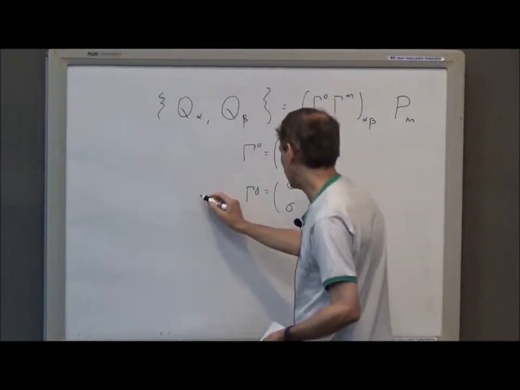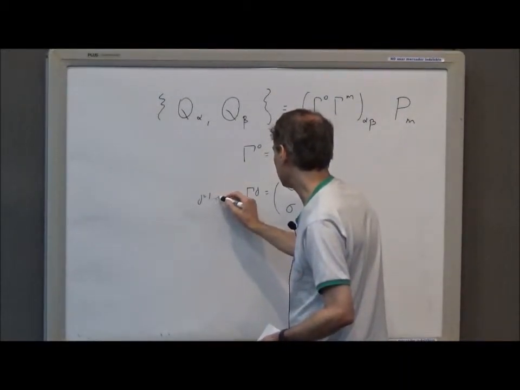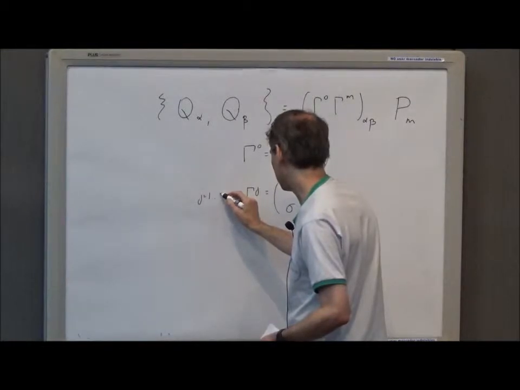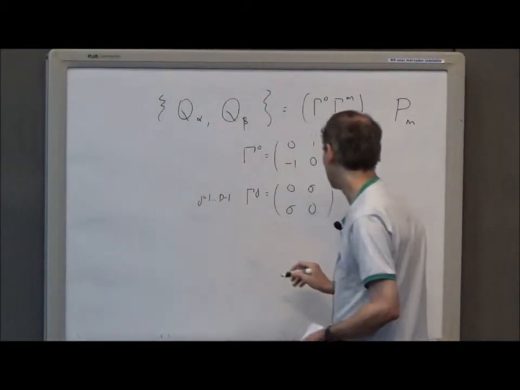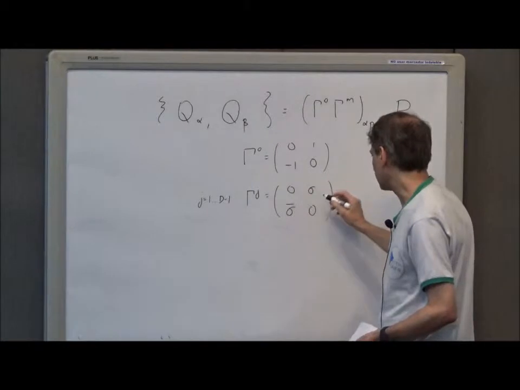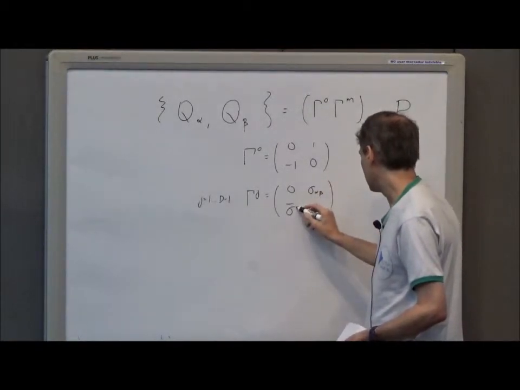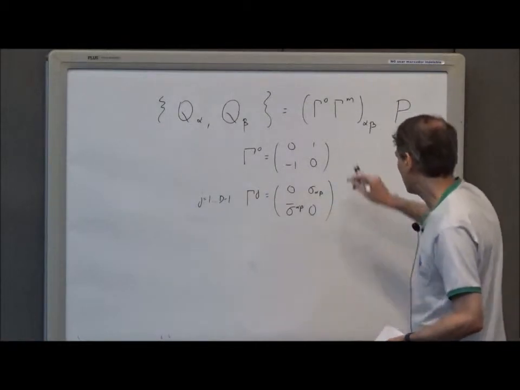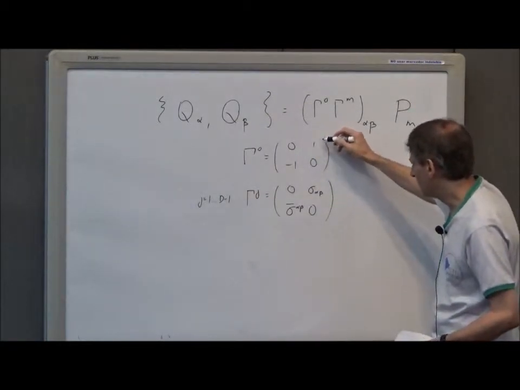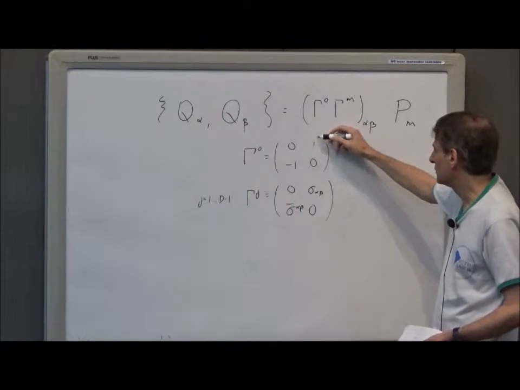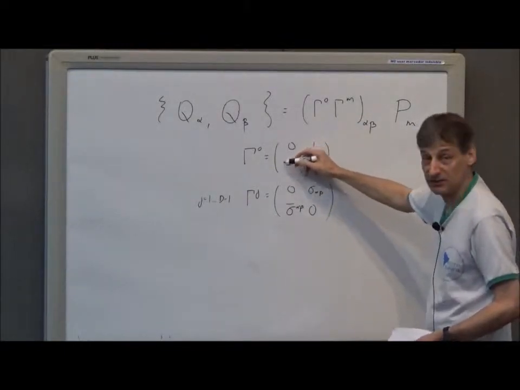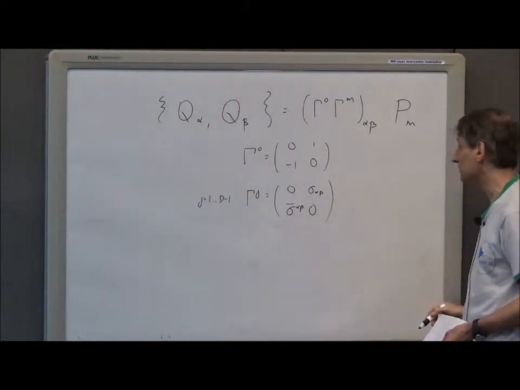So a, of course, goes from 1 to d minus 1. Each of these blocks, remember, are just the Weyl spinors, and these are the anti-Weyl. These are the different chiralities.